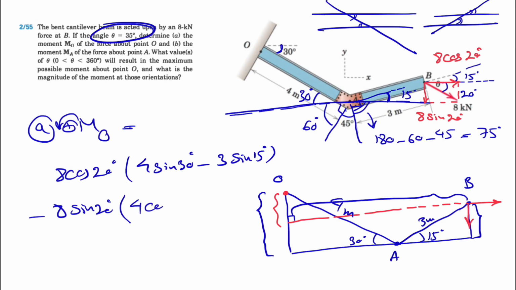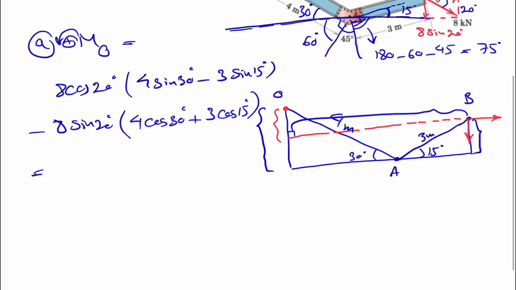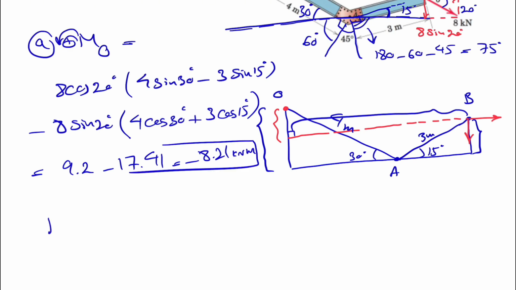One of them is 4 cosine of 30 degrees and the other one is 3 cosine of 15 degrees. So if we calculate this, we get from the first one 9.2 minus 17.41, and that's going to give us minus 8.21 kilonewton meter, and that's pretty much it for the A part.